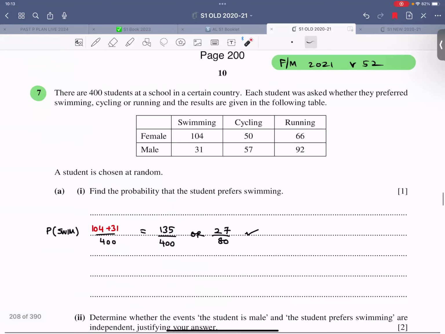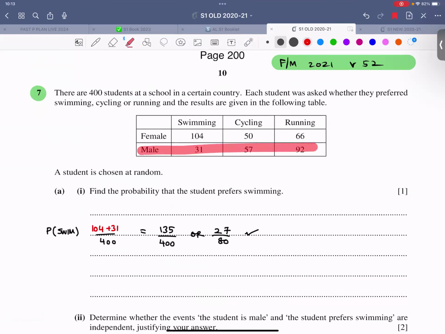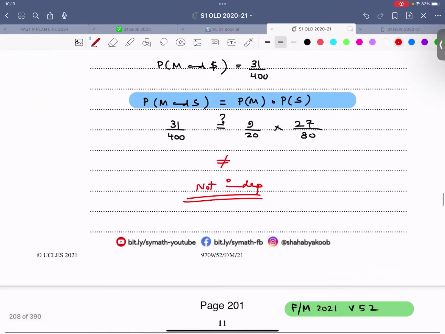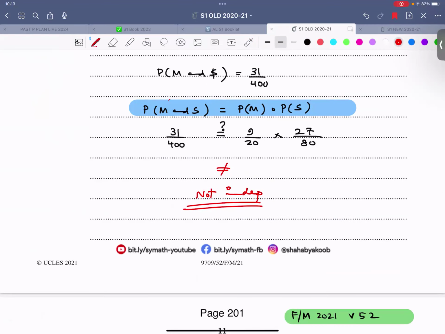And what about the common thing? Is there any student? So let me just focus on the male and let me focus on swimming. So what is the common number? The common number is this one, which is 31. So now, is there any student who is a male and works out with swimming? So yes, the answer is 31 over 400.